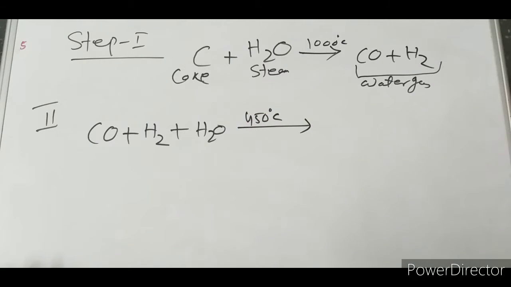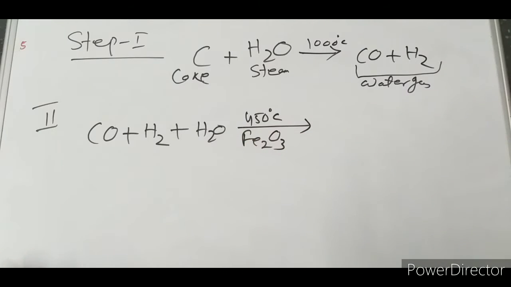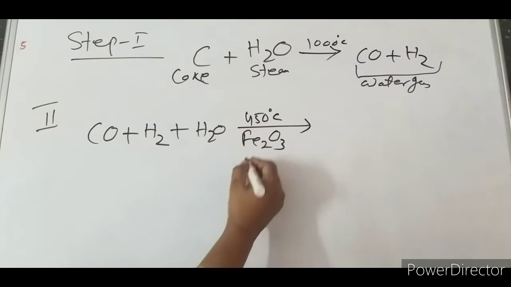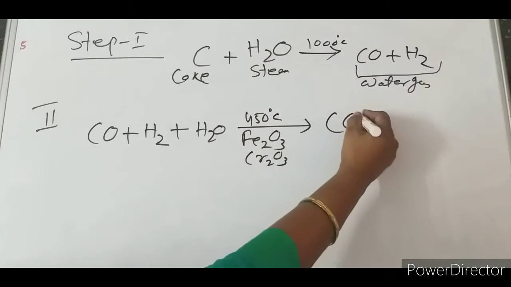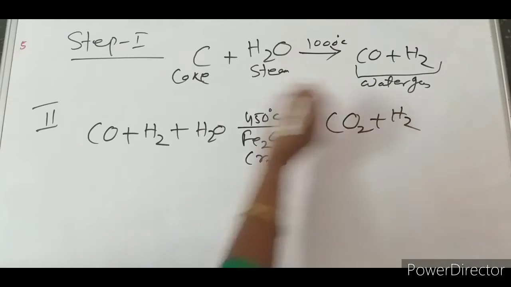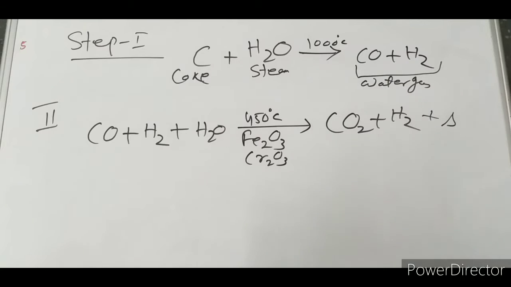Here Fe2O3, iron oxide, is the catalyst, and chromium oxide, Cr2O3, is taken as the promoter. Here we are getting carbon dioxide along with hydrogen. The delta symbol symbolizes that heat is evolved.